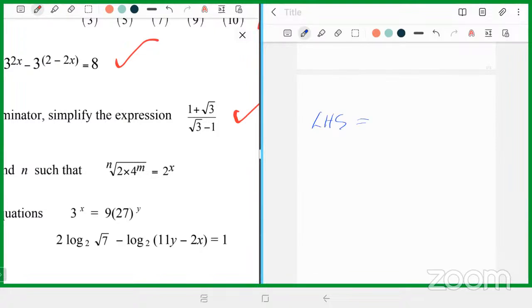And remember, this means root, and this means power. This 4 can be brought to base 2. So I'm going to write it like this first: 2 times 2 to the 2m, raised to the power 1 over n. This is root, which can be written as 1 over n as a power.